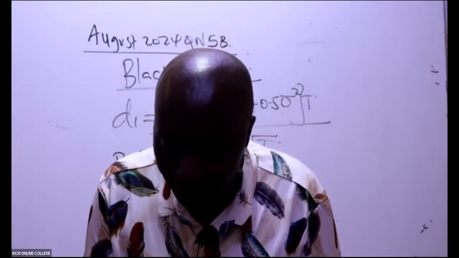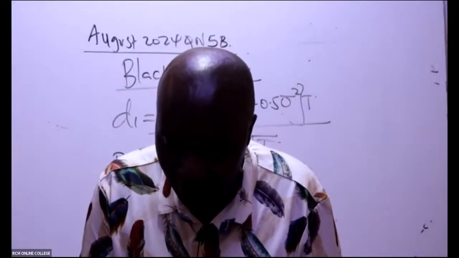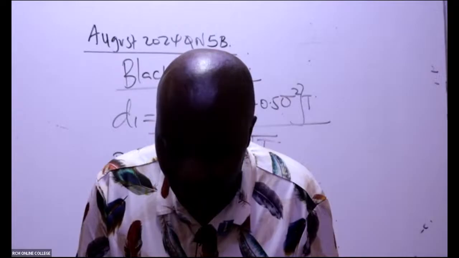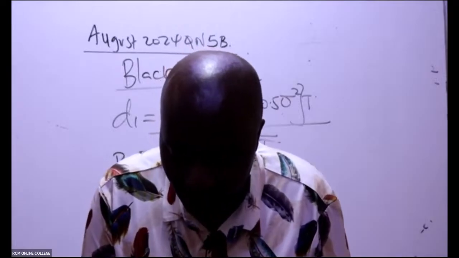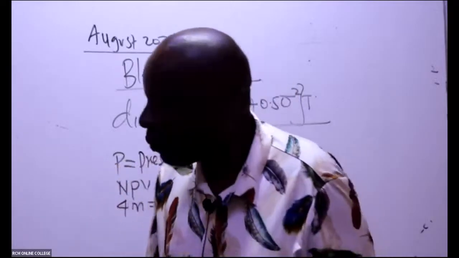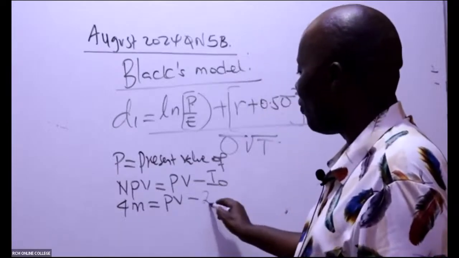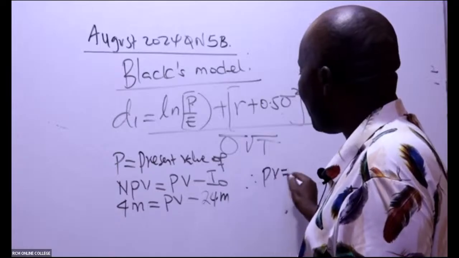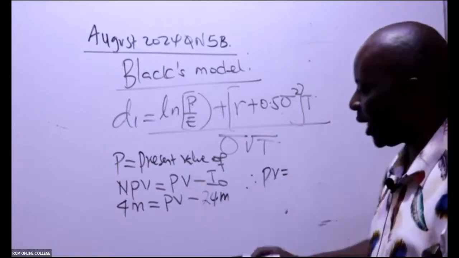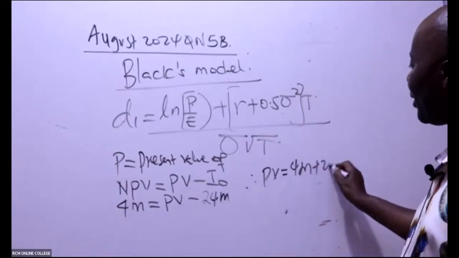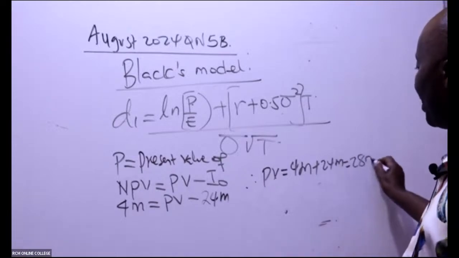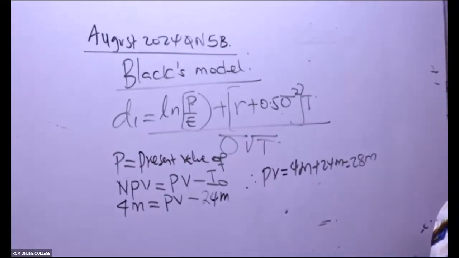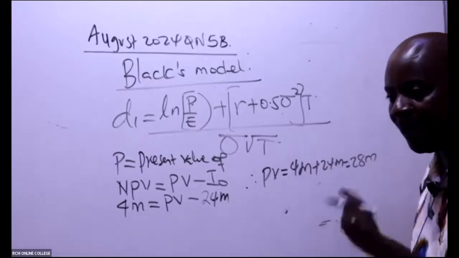It's given that it has an option to acquire land in Moa Greens Estate at an agreed price of 24 million. Meaning our PV, taking this to the other side, will be 4 million plus 24 million, which gives us 28 million. PV will be 28 million.